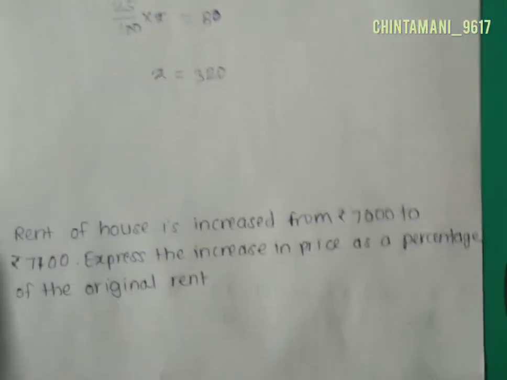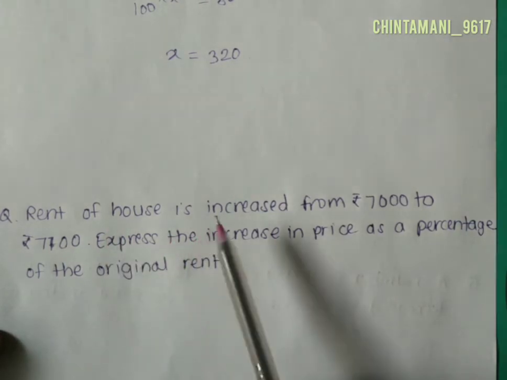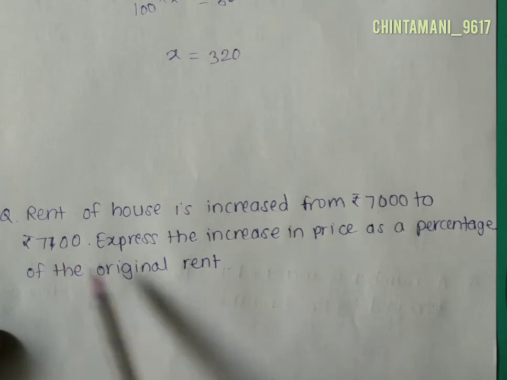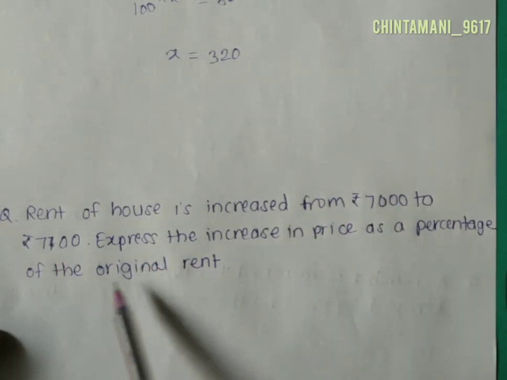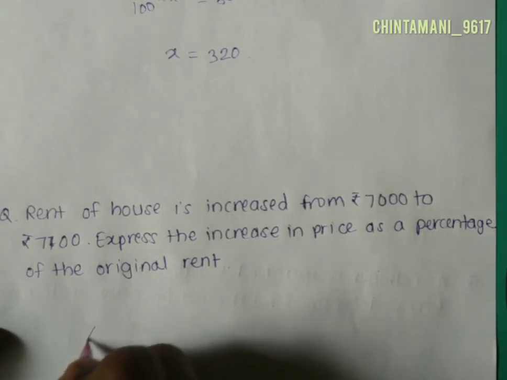Similarly, the next problem: if the rent of a house is increased from 7,000 to 7,700, express the increase in the price as a percentage of the original rent. So we have been given an increase in the rent, and we have seen the formula for percentage increase.